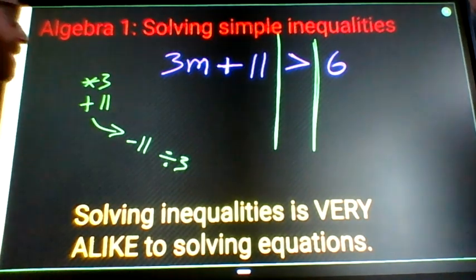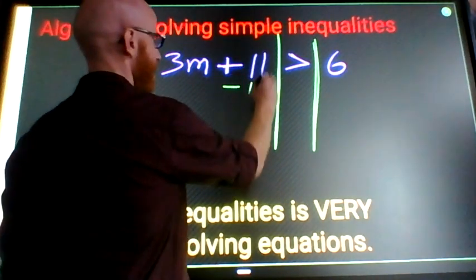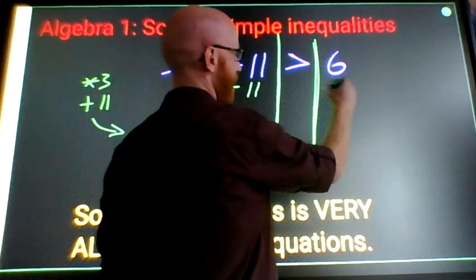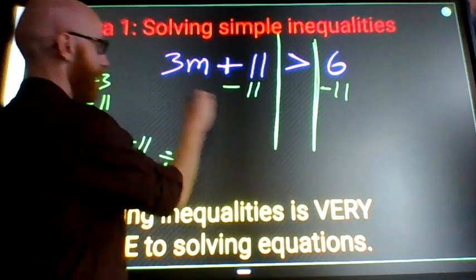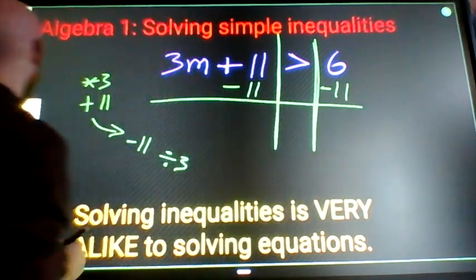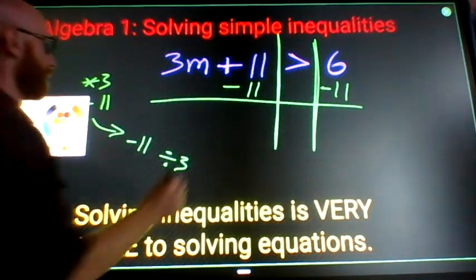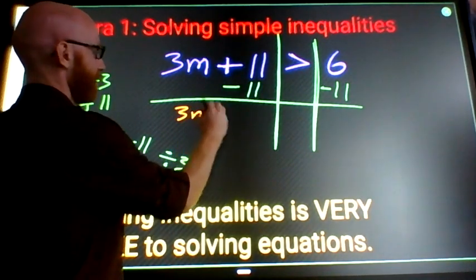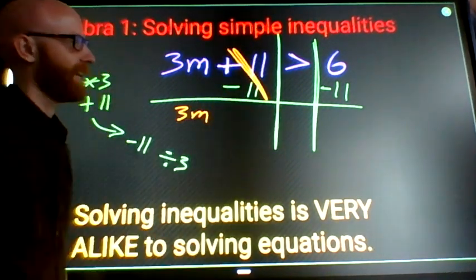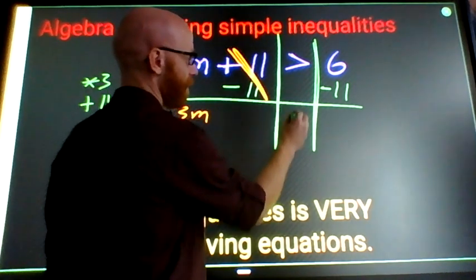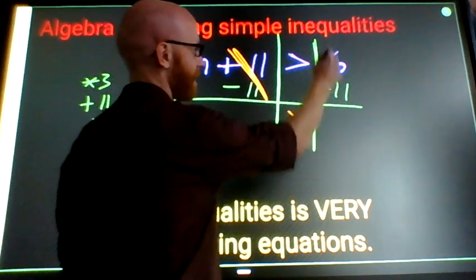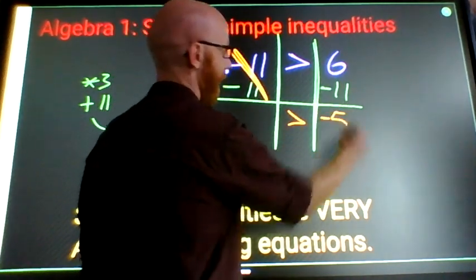Put it into action. Subtract 11. Do the same to the opposite side to keep the relationship balanced. We've got 3m plus 11 minus 11 cancels. Keep your symbol. It's greater than 6 minus 11, negative 5.